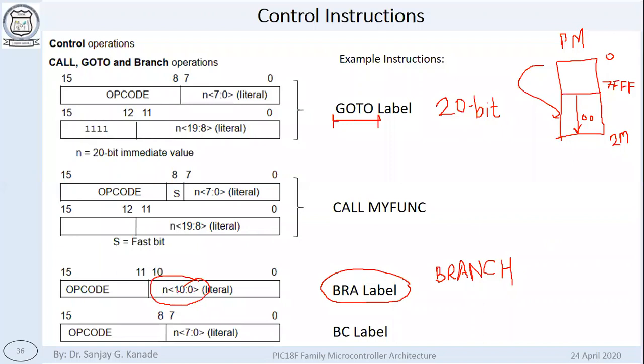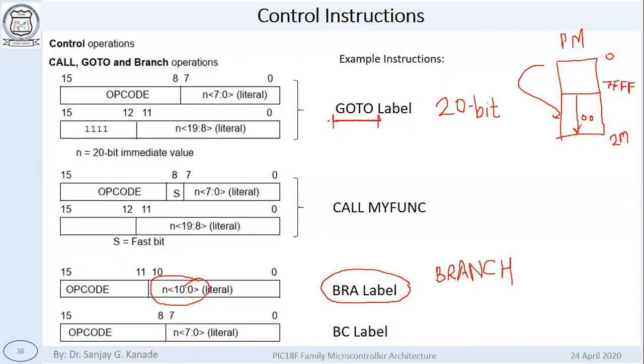Here you can see 0 to 10. So an 11-bit value is available here, so it can jump only a small distance. It is called a small branch or small jump instruction. Exact details about this we will see later.